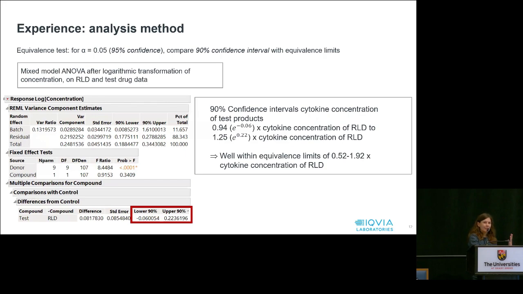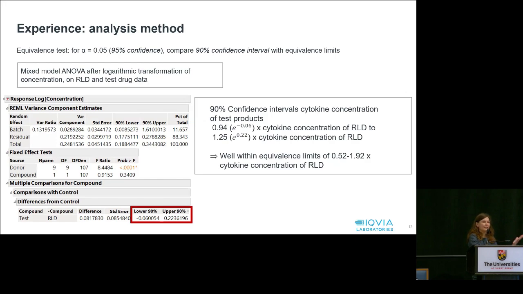Then in the second step, we have to actually test if the difference between the RLD and test drug remains within these equivalence margins. For that, we have to look at the 90% confidence intervals of the difference between the two. So I will not go into detail why it's 90% confidence intervals, but it's definitely not a typo. We can obtain this by a similar model as described before.